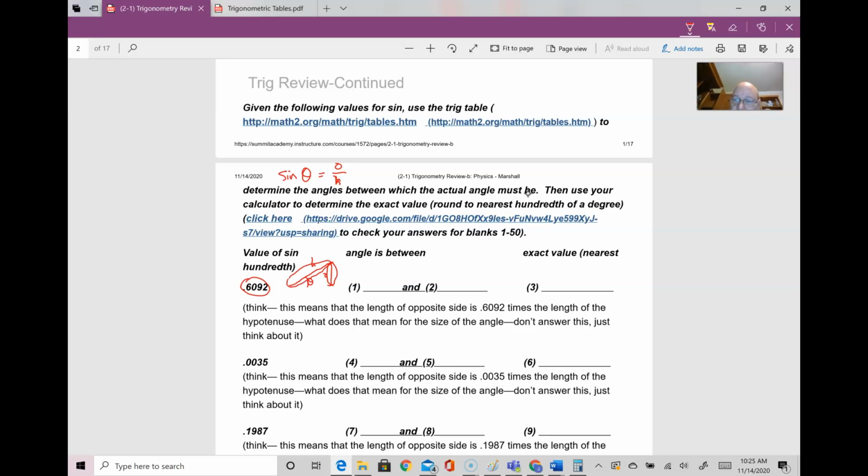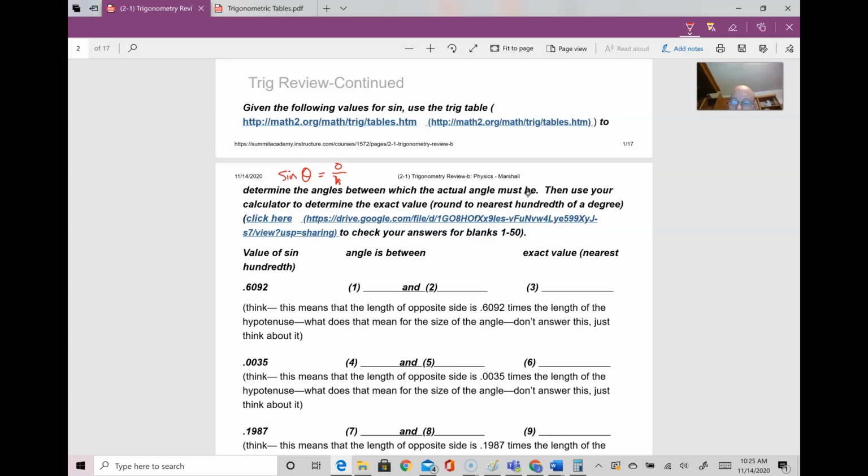So all this really means is that this side of the triangle is 0.6092 times the length of the hypotenuse. Okay, so that's all that means.